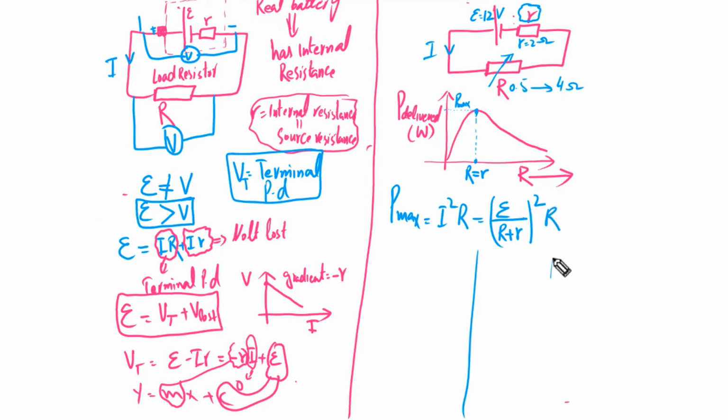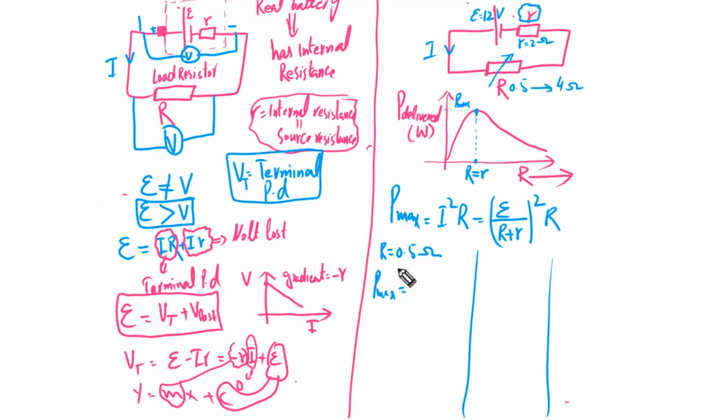I will just draw 3 different columns to show you this is true. Let's say when R is equal to 0.5 ohms, we can write down P max in this case. P max has to be 18. Excellent, that's true. I just want to show you 2 more numbers.